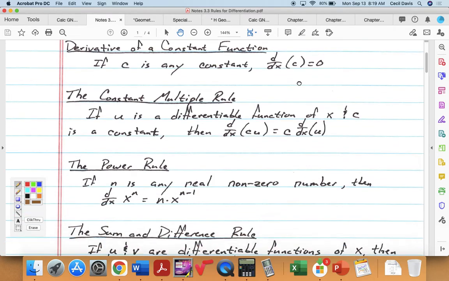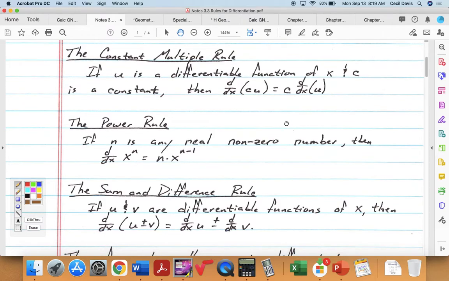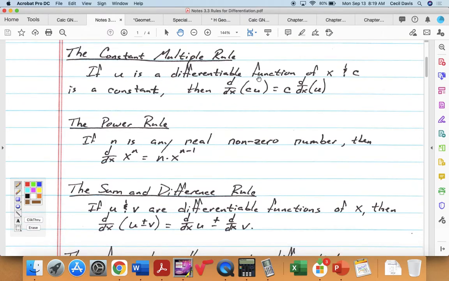Okay, the constant multiple rule. If u is a differentiable function of x and c is a constant, then the derivative with respect to x of c times u is c times the derivative with respect to x of u. Now, I think this one makes sense if you think back to algebra where you talked about multiplying a function times 3, for example.